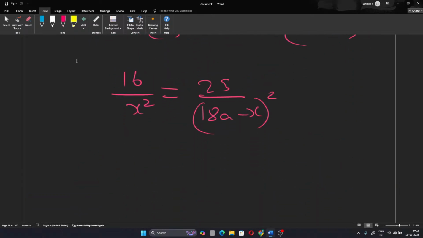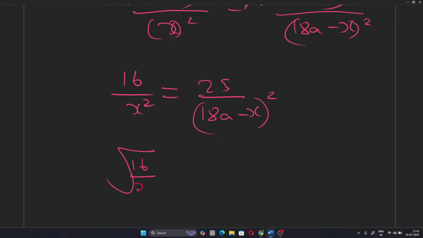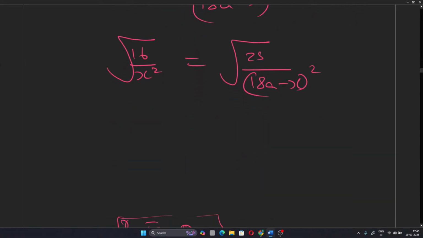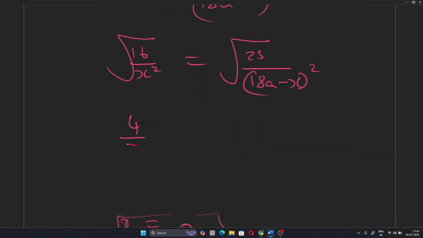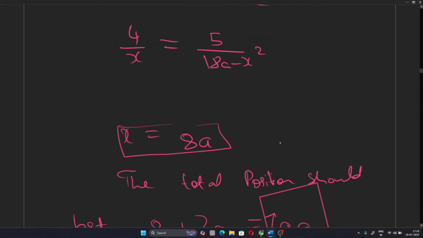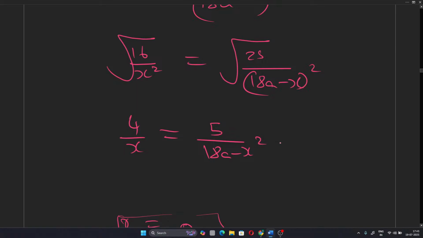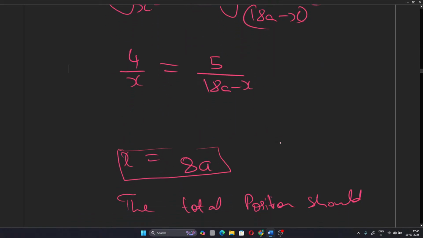from here on out, to solve this question, it is better to take the square root on both sides. So it will be root of 16 by x square, which equals root of 25 by 18a minus x whole square. We can write it as 4 by x equals 5 by 18a minus x.